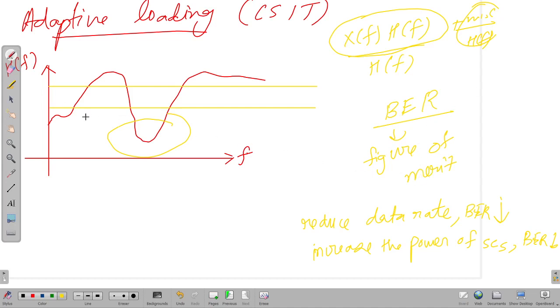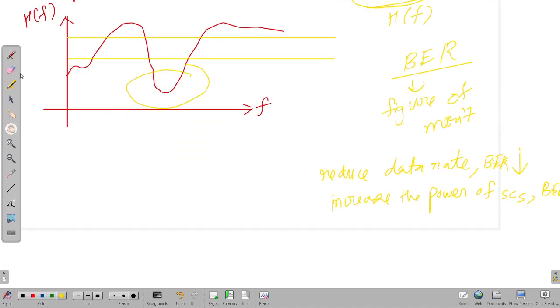But you see, when you have a frequency response like this, there are areas where things are really good, there are areas where things are really bad. So why don't we vary the data rate accordingly? Okay, what I'm trying to say is, how do you reduce the data rate? Data rate can be reduced by use of constellations having a smaller size.